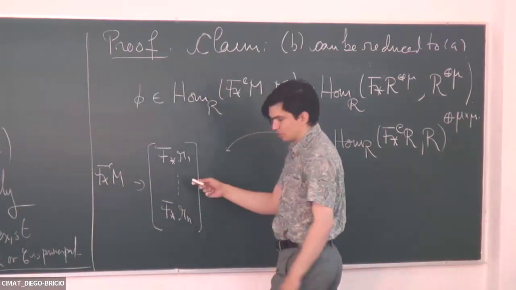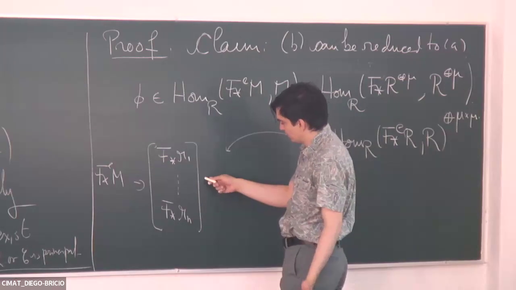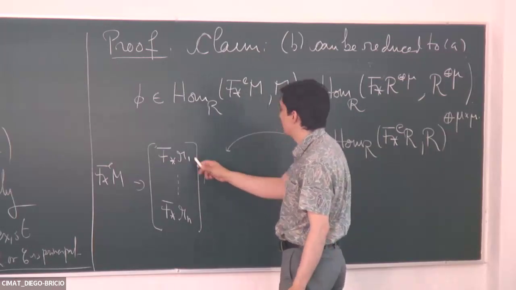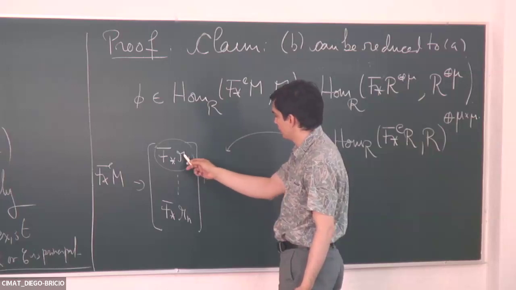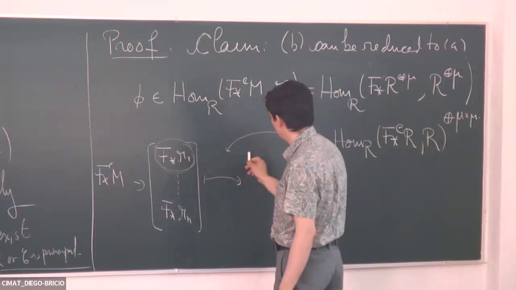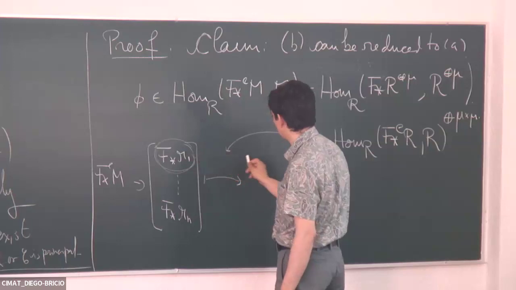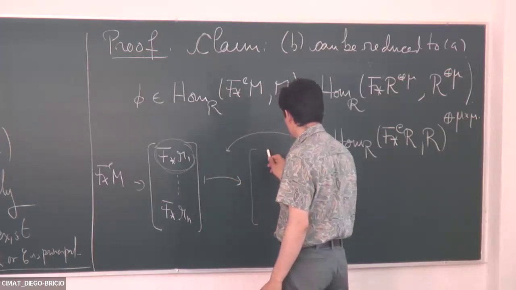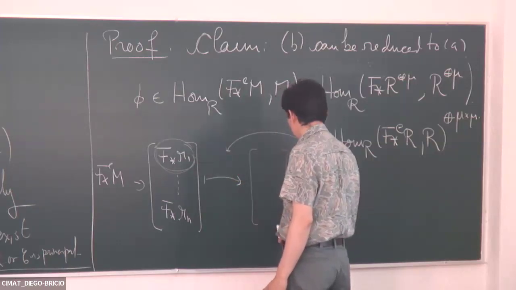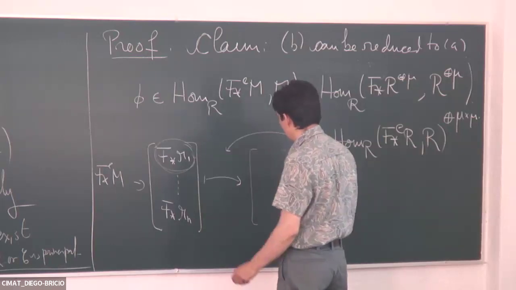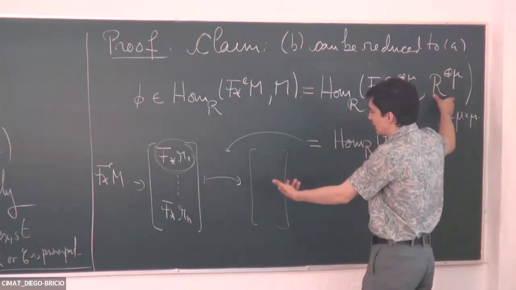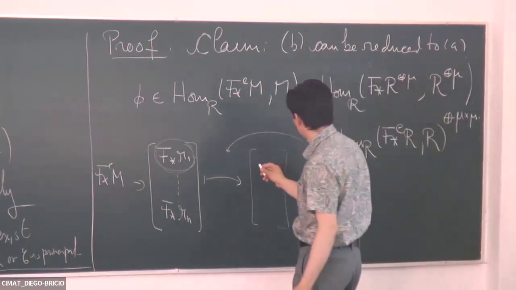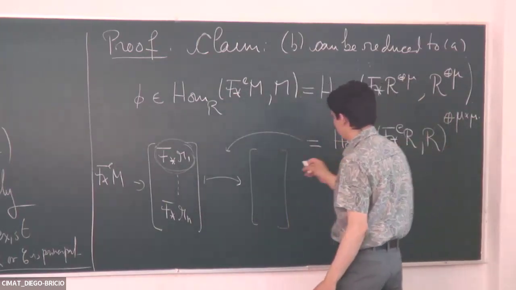And so to say where to send it, I'm going to send each of them to something. So this individual one is going to go to a vector. I take this one, I send it to something in here, but it's going to look like a vector, so it has to look like a choice of elements here.